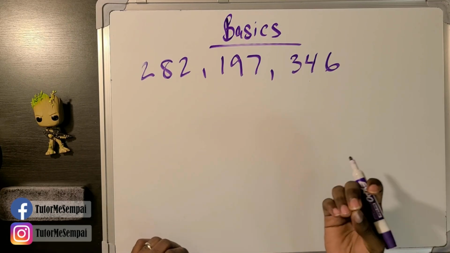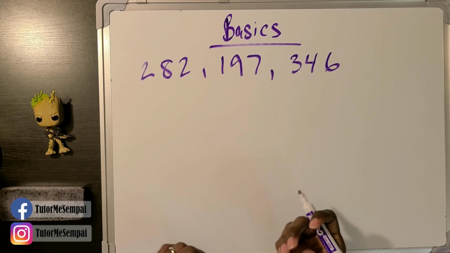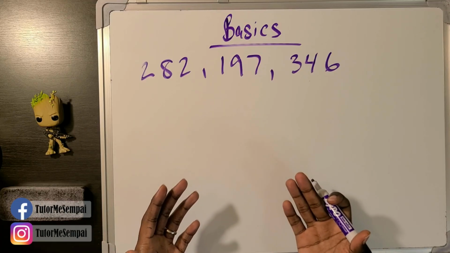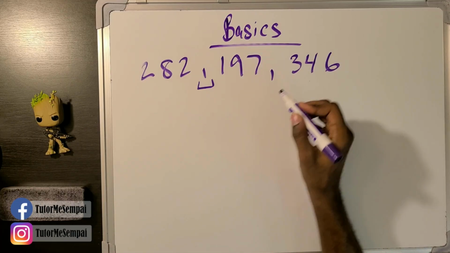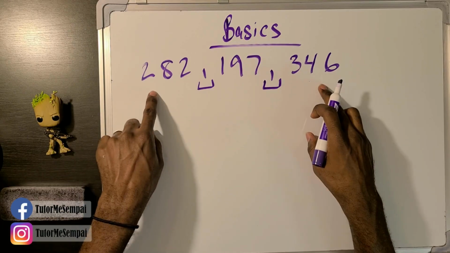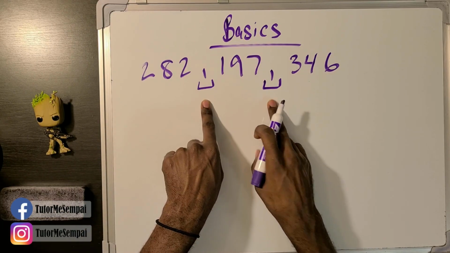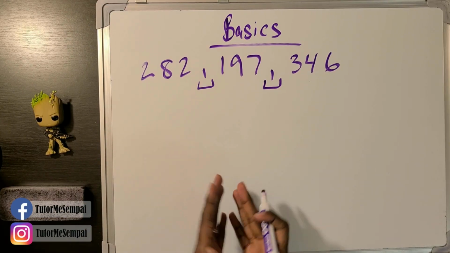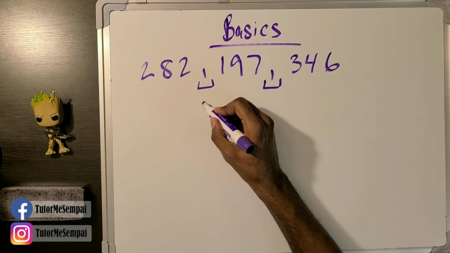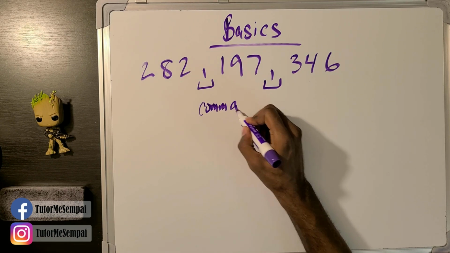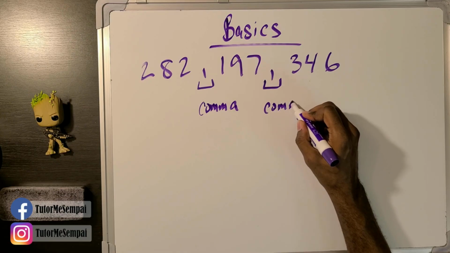However, what's the next thing you may see? Well, to me, the next thing I see is these things here that are not numbers. If we have 9 numbers, we have these things here that are not numbers. These are called commas. So this is a comma, and this is a comma.